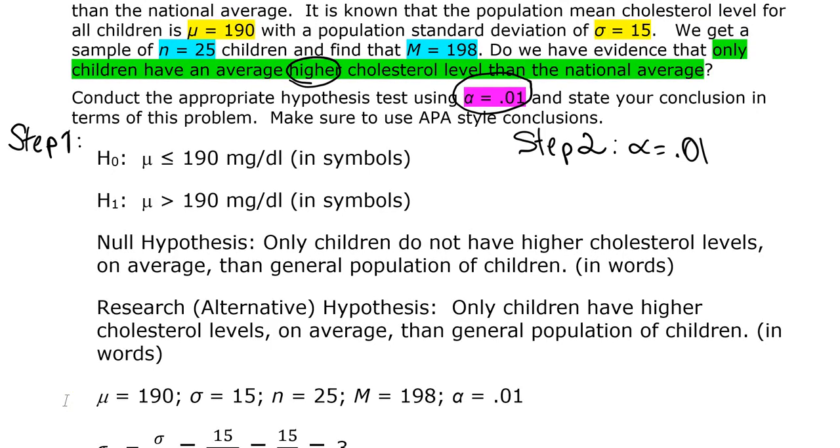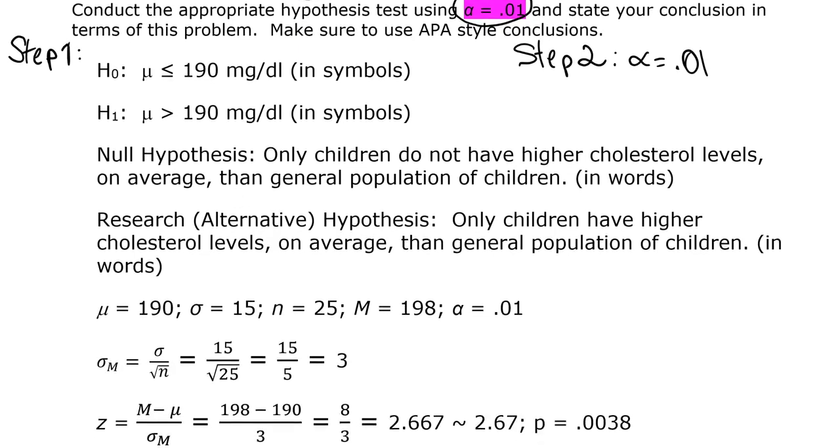How do we know it's a z-test? Because population standard deviation, sigma, is known and given in the problem. So again, I pull out the numbers that we're going to need in order to do our z-test. So mu is equal to 190, sigma is equal to 15, n is equal to 25, sample mean is equal to 198, and alpha is equal to 0.01.